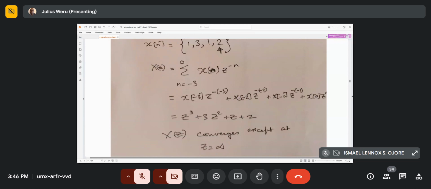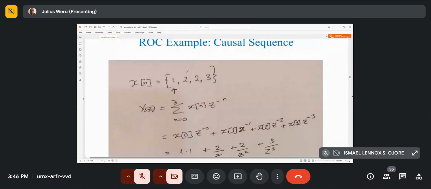Then this becomes minus 2, this is z squared, this is z, and this is 2. And you can see X(z) converges except at z equal to infinity. So that's for an anticausal sequence, and the previous one was for a causal sequence.